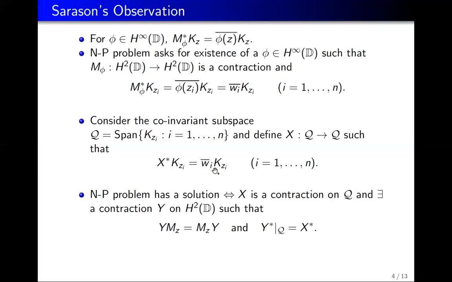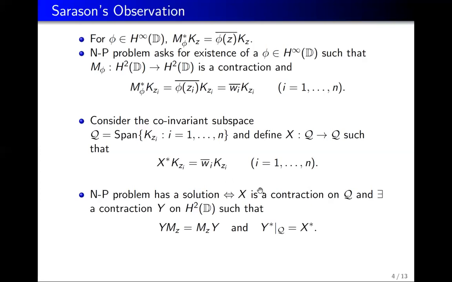By a direct computation, one could check that this operator X is a contraction if and only if the NP matrix, the N cross N matrix, is positive semi-definite, which was the necessary and sufficient condition for having a solution to this problem, as I showed you on the very first slide. So that's how this proof goes using the commutant lifting theorem.